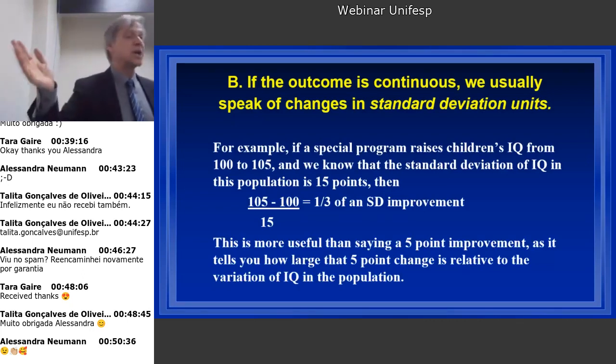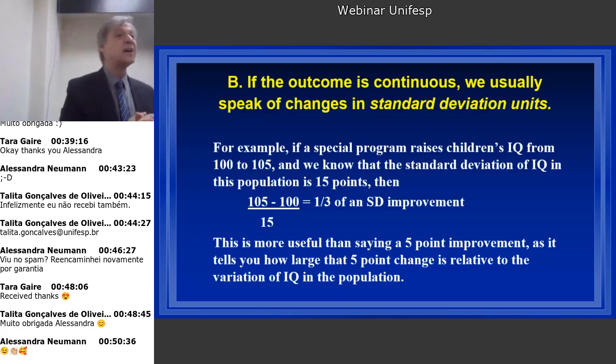Because if I have a huge change, listen to this. Let's say instead of 105, I happen to have 120. Let's say I have a change in IQ from 100 to 120. That's a 20% improvement in IQ. But if that came from a study in which the variation was very large, when I do a statistical test, I get nothing because I have incredible random variation.